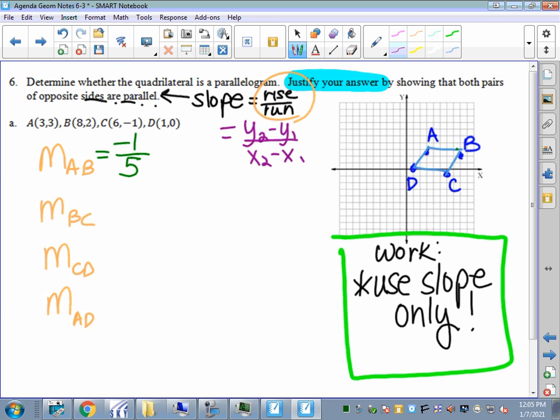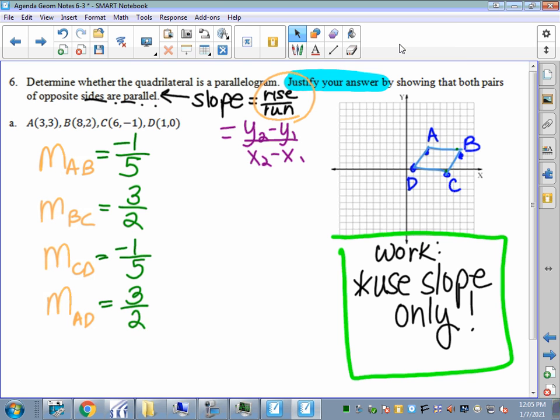My slope of BC, it looks like I go down 1, 2, 3 and left 2, or negative 3 over negative 2, negatives cross out, 3 over 2. Remember, I'm going to leave that as an improper fraction. From D to C, I go down 1 and right 5. And AD, to get from D to A, it looks like I'm going up 1, 2, 3 and over 2.